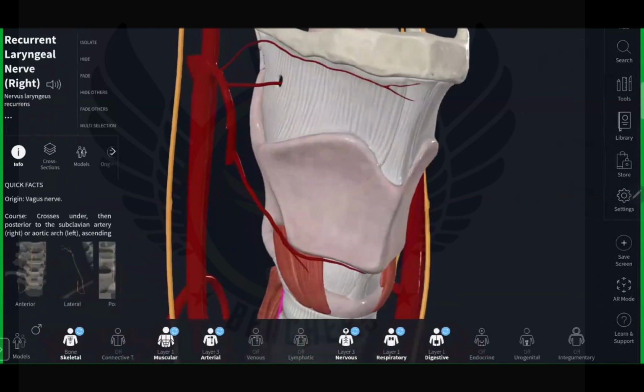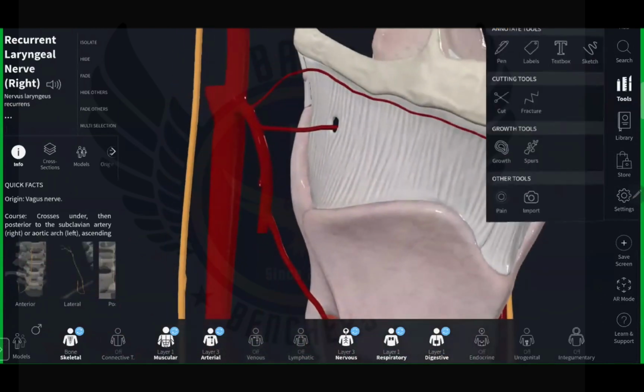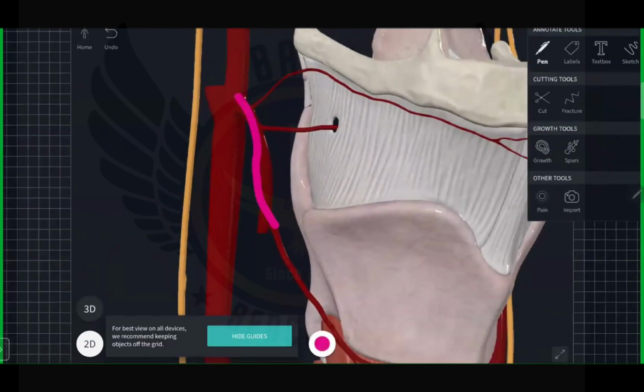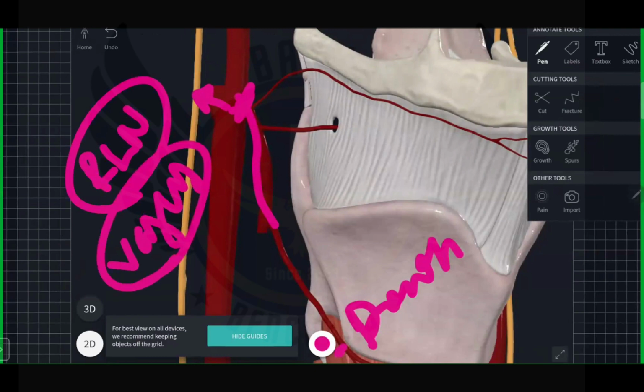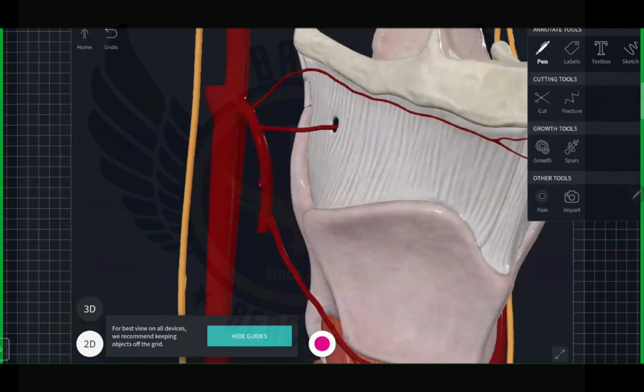It is almost impossible to ligate here and injure something down here. So you have injured the RLN fibers inside the vagus. In short, you have injured the vagus, not the RLN directly, but the RLN fibers inside the vagus. That's why you will have hoarseness of voice. I think it's very clear.